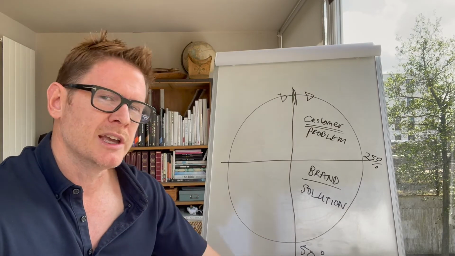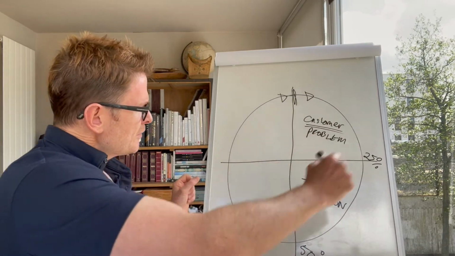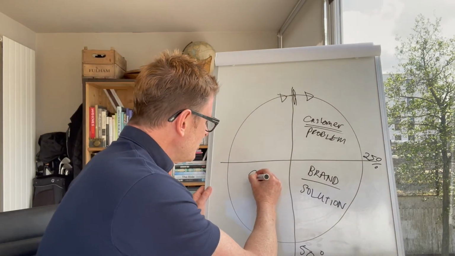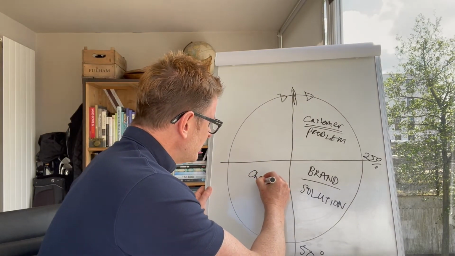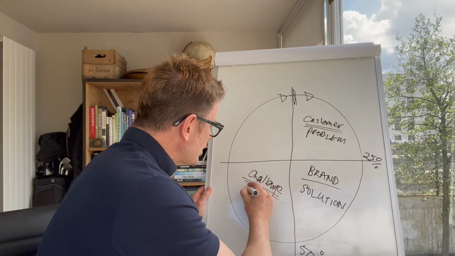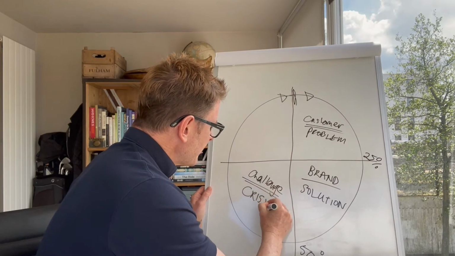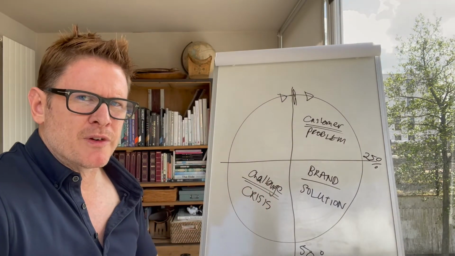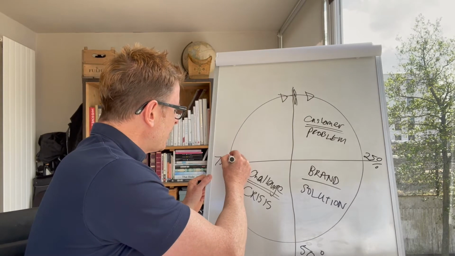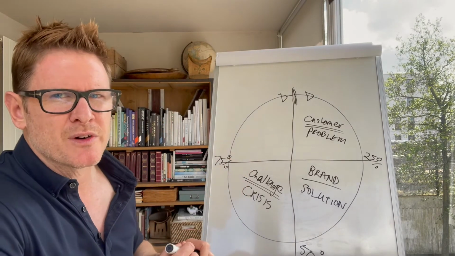It's coded into how we see the world. So the third quadrant of the circle is all about the challenge and the major crisis that the hero faces. Who is the hero? It's the customer. And so that's the part of the story that will take you through to 75% of the narrative.